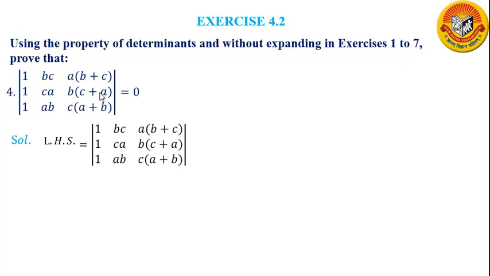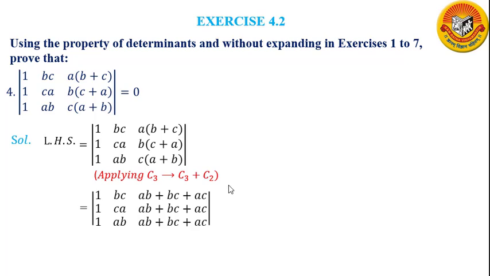You will not get any two rows identical or any two columns identical. So what I will do, I will add this C2 to this C3. Now you see that here you are getting AB plus AC and the remaining term is BC, so BC is here. Similarly here it is BC plus BA, the remaining term is CA. So it is better that on C3 I apply C3 plus C2.